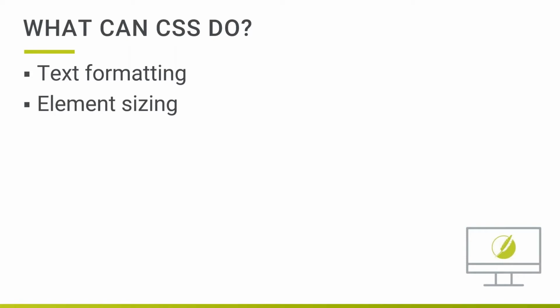What type of image is that? Oh, that's a screenshot. Then in the style sheet, we might say, oh, well, screenshots are 90% of the available width. And now I have a screenshot that will automatically resize itself, whether it's on a desktop or a tablet, or if it's going to a PDF.